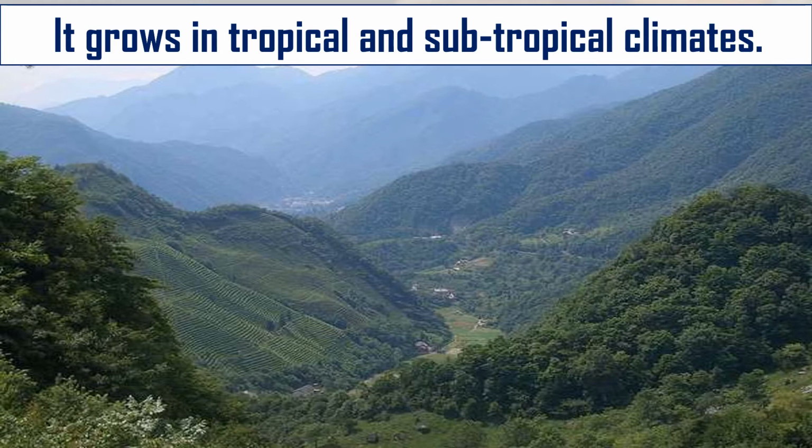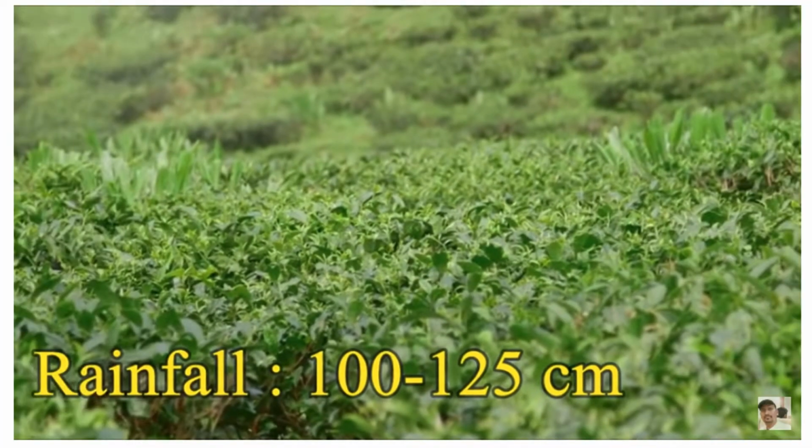You must have learned in geography what the tropical and subtropical climates are. So the growing of this plant needs this type of climate. And what about the rainfall? It needs 100 to 125 centimeters of rainfall, or the water, you can say.